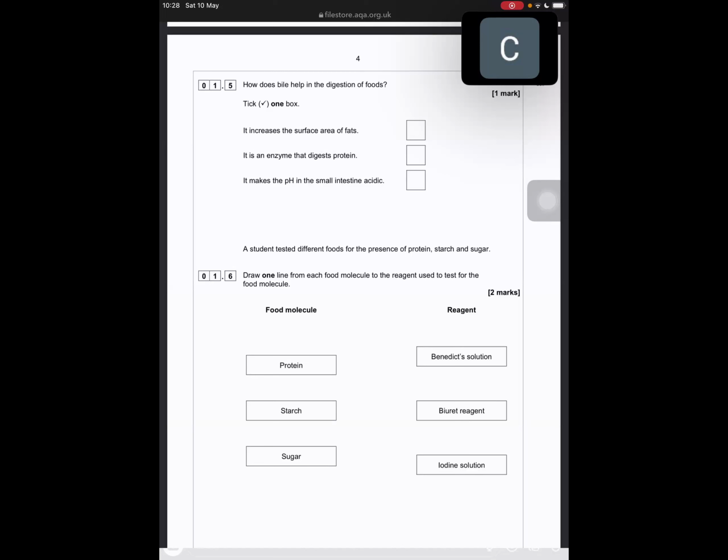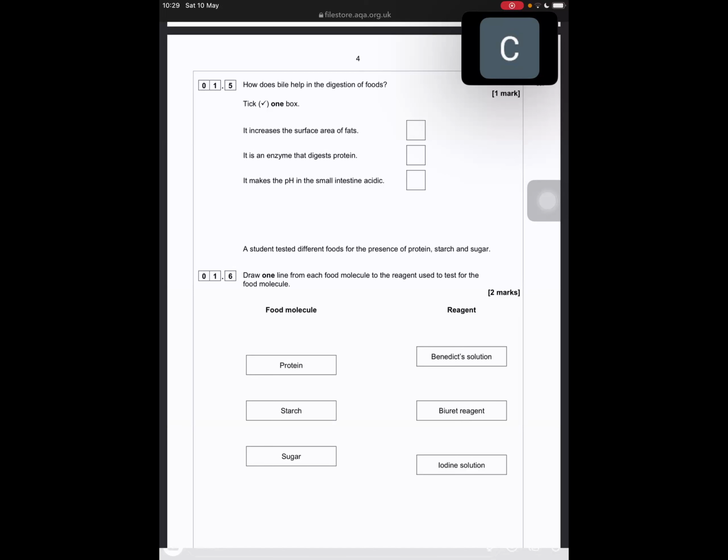I know iodine solution is used to test for starch. I'm not too sure of the other ones, but let me see. Benedict solution.